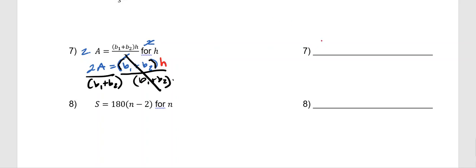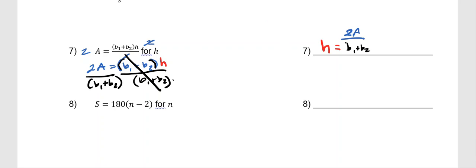Remember, just like in an equation, we don't want to say something equals the variable we're solving for. We want to say the variable equals whatever the result is. So H, isolated and solved for, is equal to 2A, 2 times the area, divided by the sum of B1 plus B2.